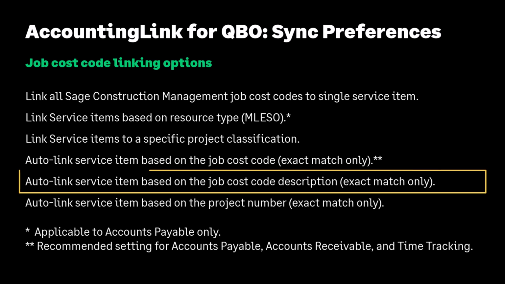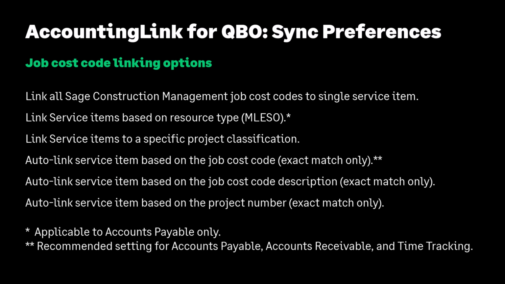The one above that is called AutoLink service item based on the job cost code description, exact match only. This is not recommended. The reason for that is that CoreCon job cost code descriptions can change from project to project, and the CoreCon link and QuickBooks will have a hard time finding an exact match if someone does change that description.